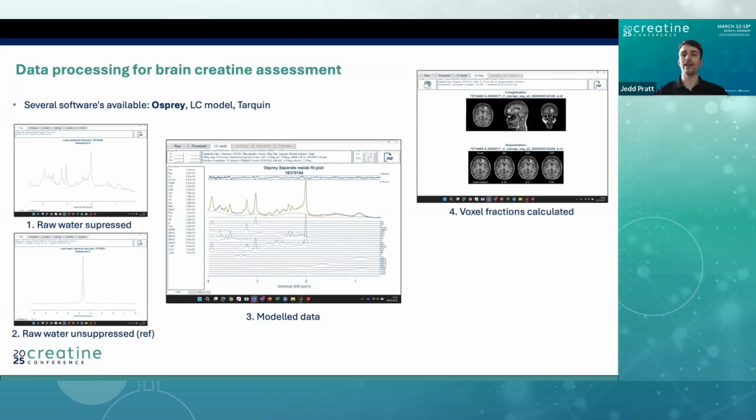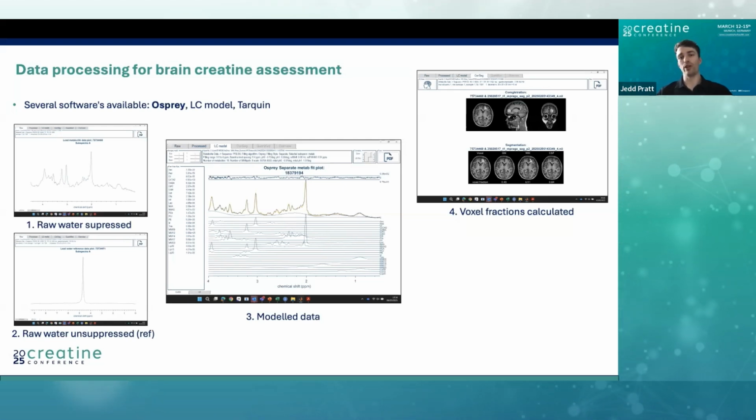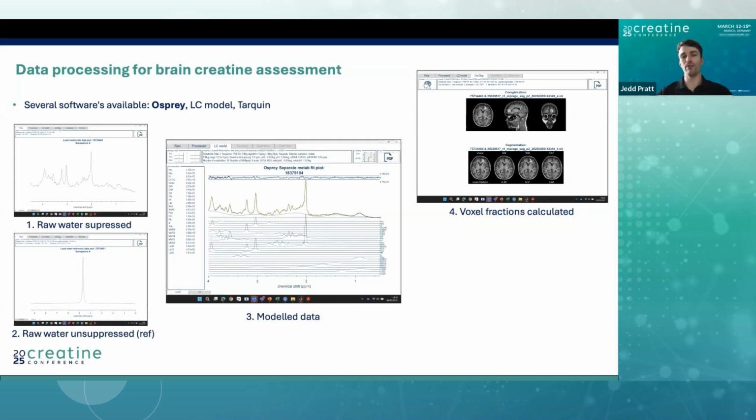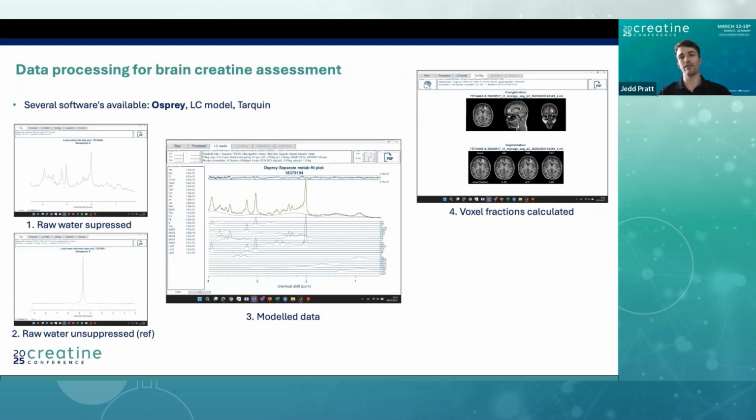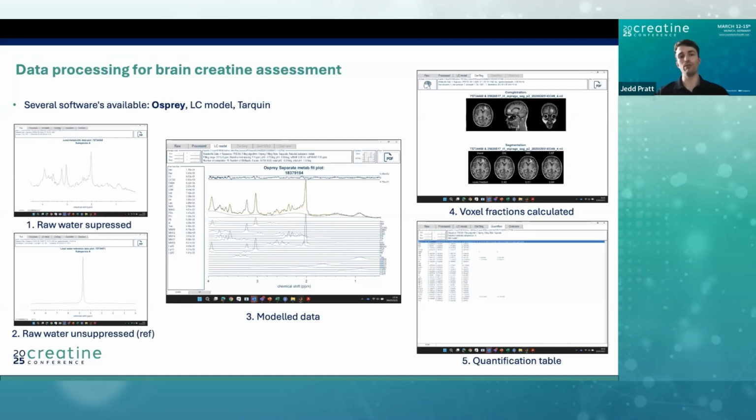What we use that for is to try and identify the fractions of tissue in the voxels. This is important because when you compare data from different individuals or different measurements, you want to make sure that the tissue fractions in the voxel are consistent across those measurements, or else you'd need to correct for that, as that will affect the creatine concentrations. And then the final aspect of this workflow will be the quantification table. This is essentially going to give you your millimolar concentration for each different metabolite.